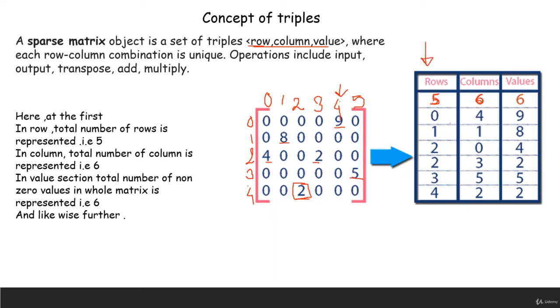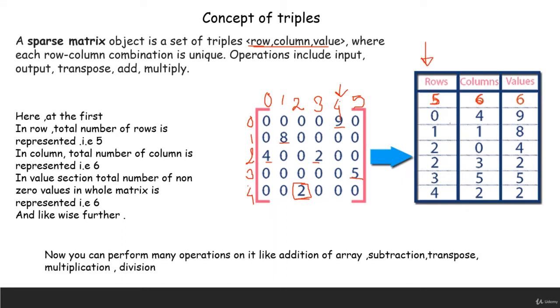Now you know that on a sparse matrix you can perform any operation like addition, subtraction, transpose, multiplication and division, either using array or using linked list. So what we will do is perform the transpose of the matrix. We will see one program on it.